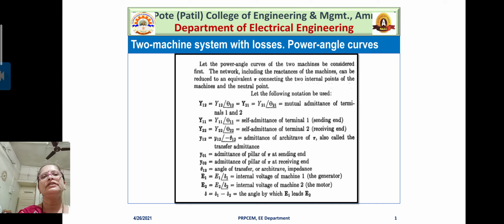First we are going to learn about power angle curves for the system with losses. Whenever we say losses, that means resistance must be considered in the circuit. So this is the mathematical background needed before understanding the power angle curves for the two machine system with losses.